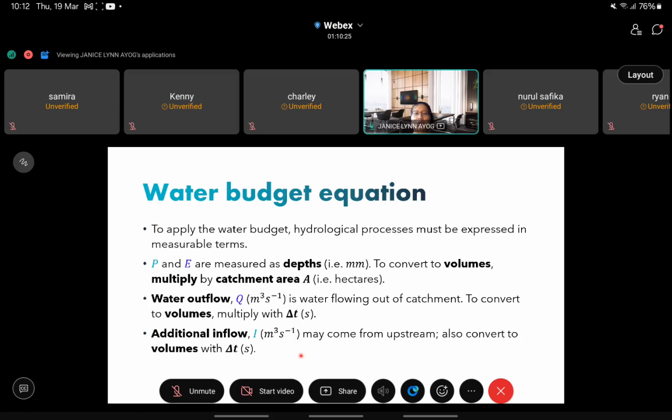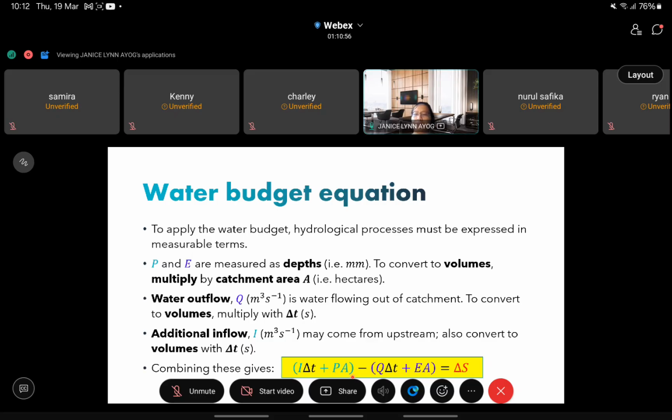So to get the volumes, you also multiply by delta T. Combining P, E, Q, and I, you will eventually get this formula. This is also considered the water budget equation, just translated into other terms, because on the right side is still delta S, the change in the storage.